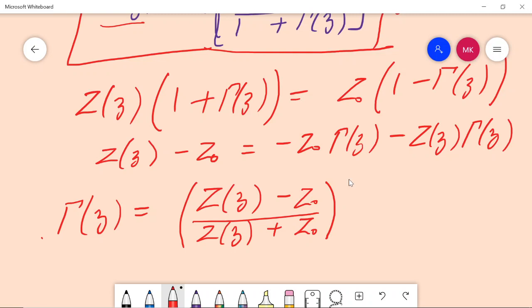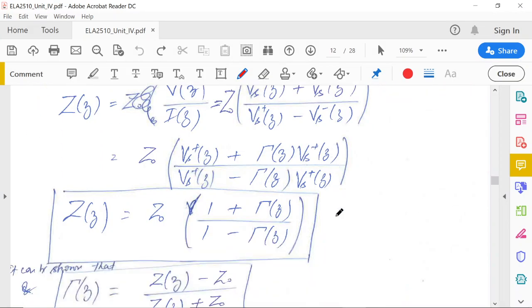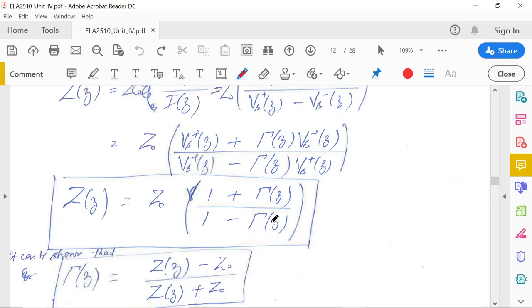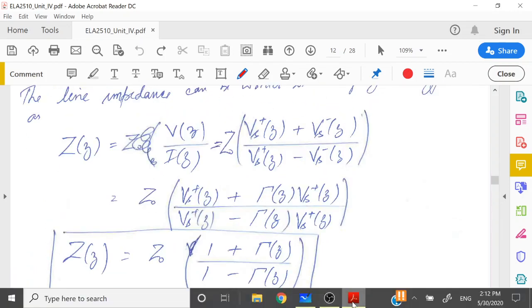You will take gamma z common, and you will get Z naught minus Z naught, and you can proceed. You can verify, I have done it already here. Okay, we have made some mistake here.